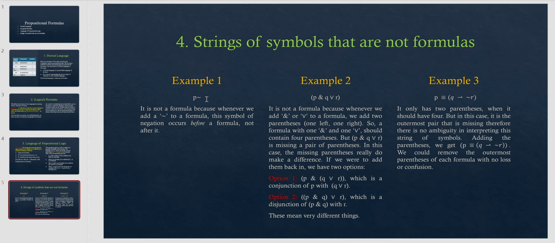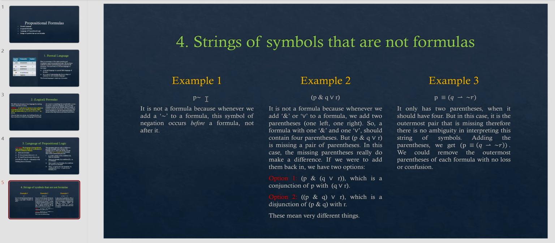Therefore, we cannot use this symbolic expression as a logical formula. And in our example 3, you can see here we have used 3 logical connectives: biconditional, if and only if, conditional, if then, and negation. It only has 2 parentheses when it should have 4, but in this case it is the outermost pair that is missing. Therefore, there is no ambiguity in interpreting this string of symbols.